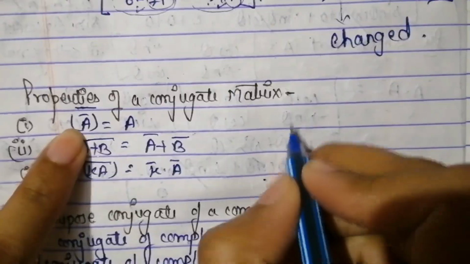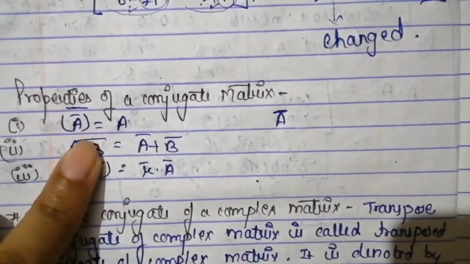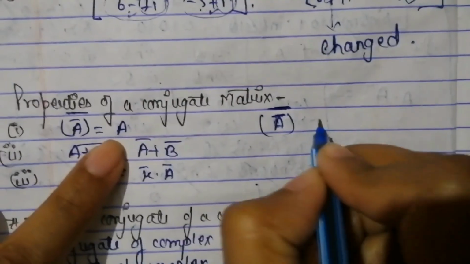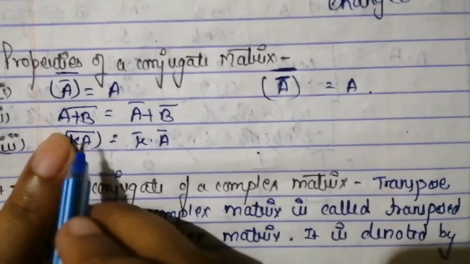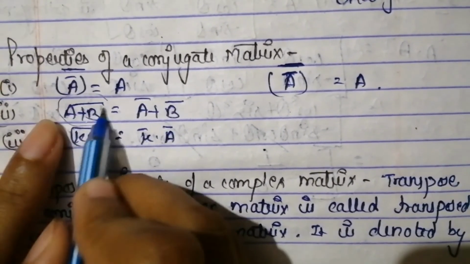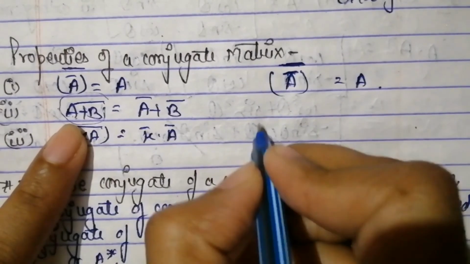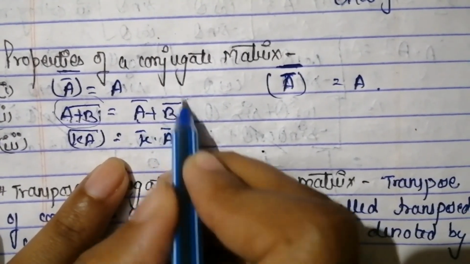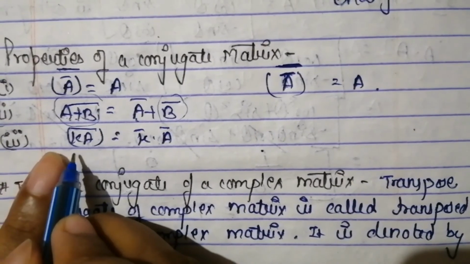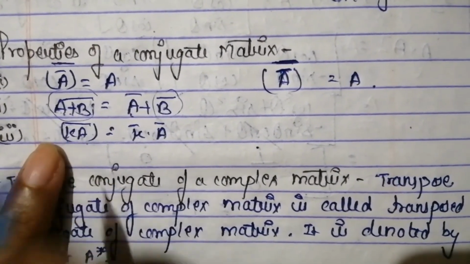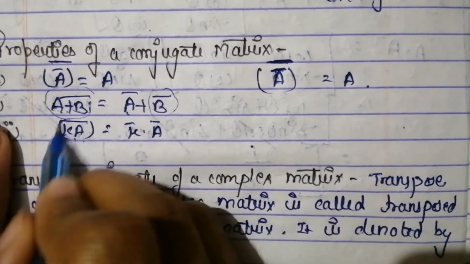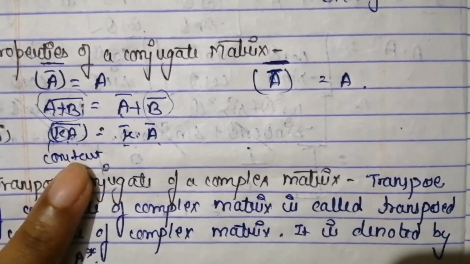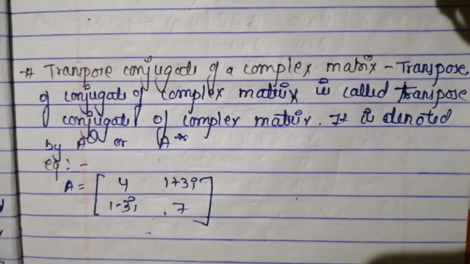The first property is: if we take the conjugate of a matrix A, and then again take the conjugate of A bar, then we will have A. The second property is: if we take the conjugate of the sum of A and B, then it will be equal to the conjugate of A plus the conjugate of B. The next property is: if we have the conjugate of kA, where k is any constant, it will be equal to the conjugate of k times the conjugate of A.